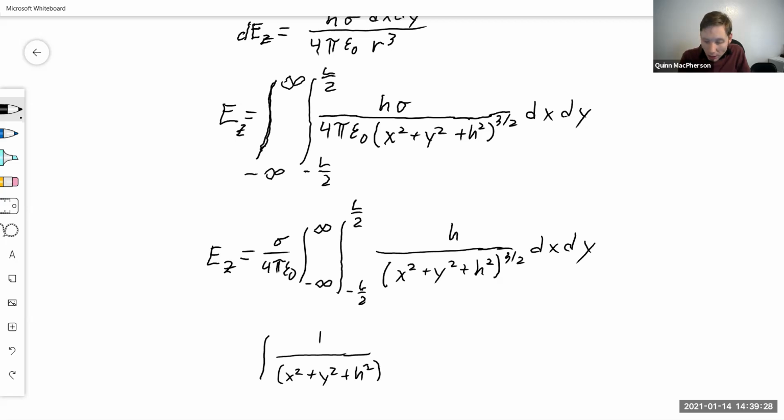Remember, when you're looking this up in Gradshteyn-Ryzhik, they may have z instead of h. They may be using different variables, so you sometimes have to make some changes to find the integral you're looking for. But anyway, that dx happens to be x over y squared, over y squared. No, yeah, y squared.